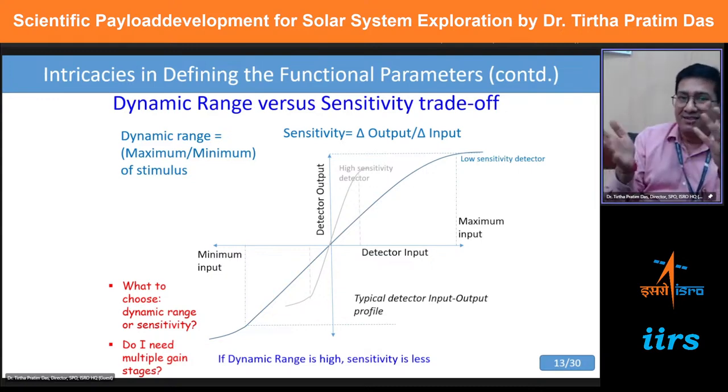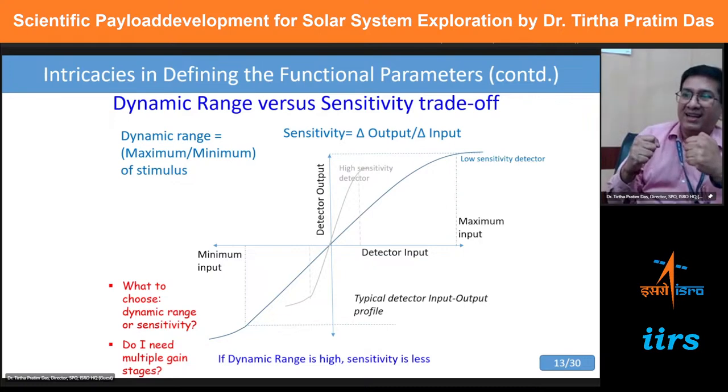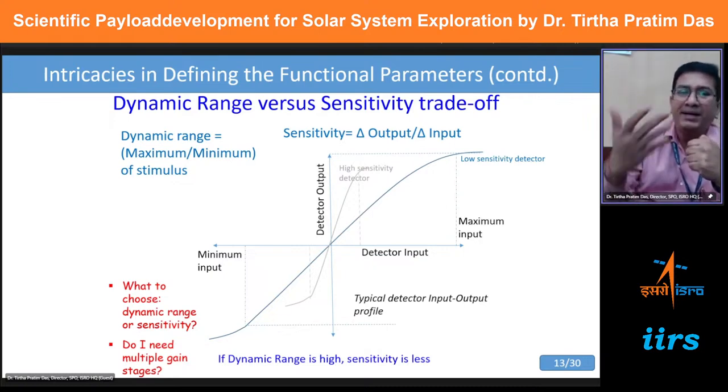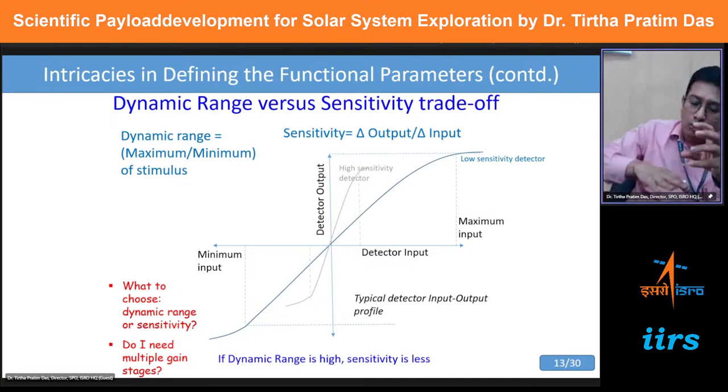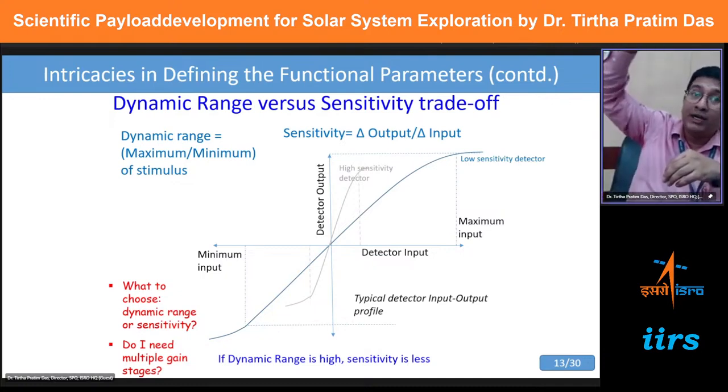Yet another two parameters which fight among themselves are dynamic range versus sensitivity. Dynamic range is what? You are measuring a stimulus, a signal, right? How low, how feeble you can measure, and how high or how strong you can measure.